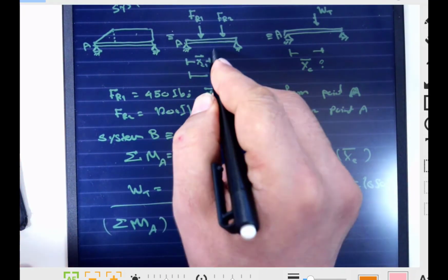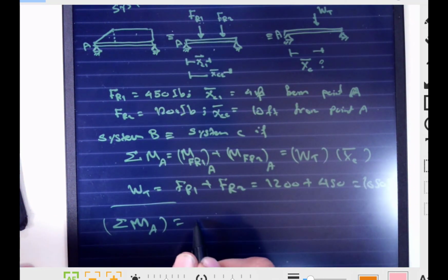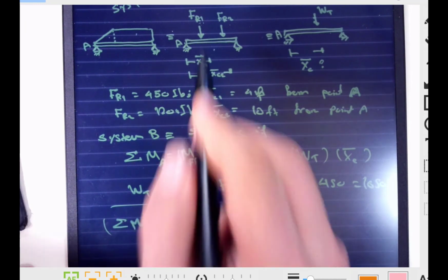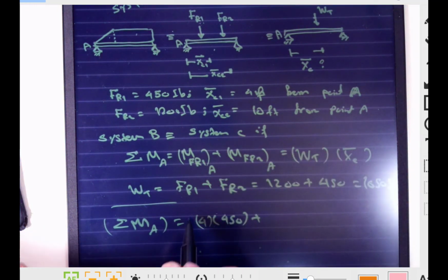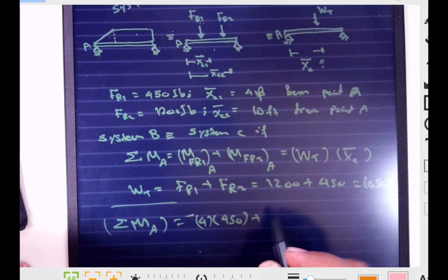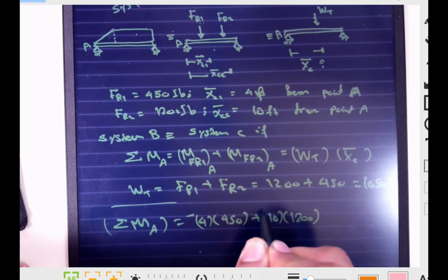Moment about A, I'm looking at this, equals the moment of FR1. FR1 has a distance of 4 times its magnitude 450. This gives me the moment of FR1, plus, and I'm using the right hand rule, so this is negative, so I'll put negative here, it doesn't matter, plus the moment of FR2, which is simply the distance from A multiplied by the magnitude 1200, and again this is negative.